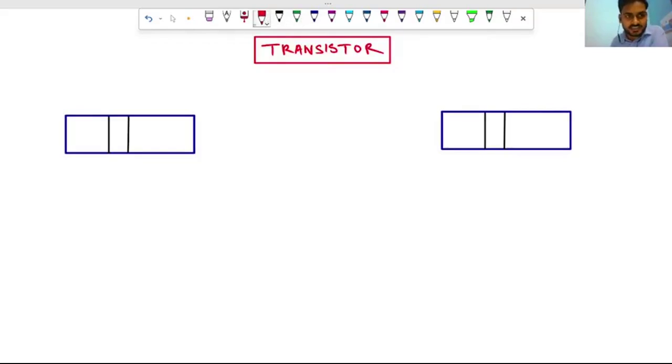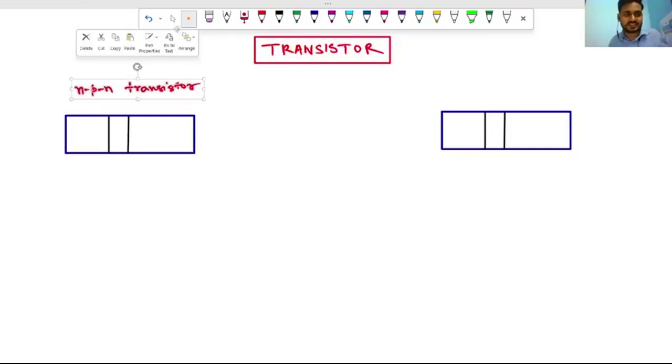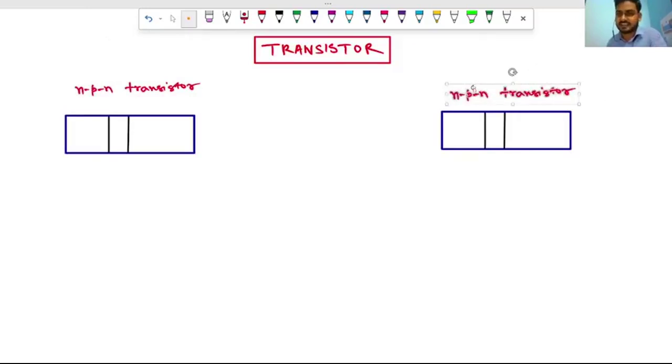So suppose this is an NPN transistor. Okay, this is NPN, we are going to discuss it in a little detail, and this one is PNP.